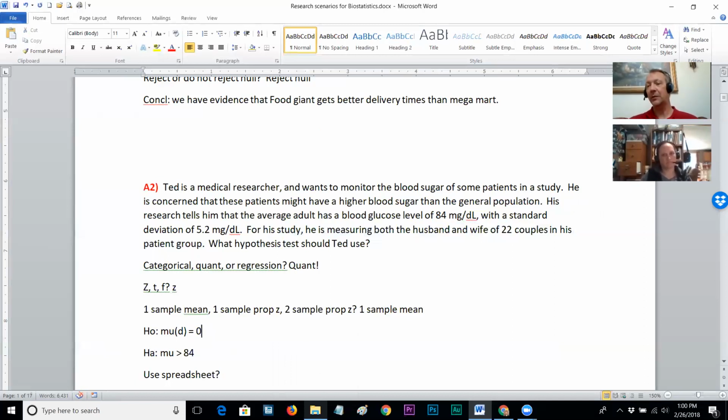With a paired sample t-test, it's always mu sub d equals 0. Does that make sense? Yes. I actually don't know why, but I do know that that's what I learned. Okay.